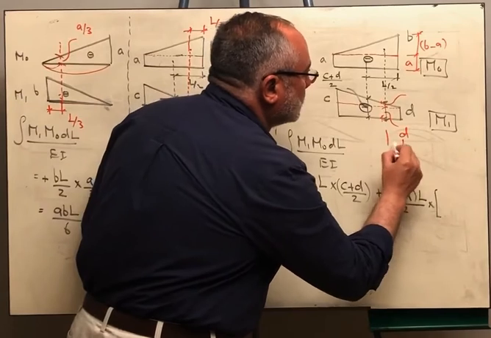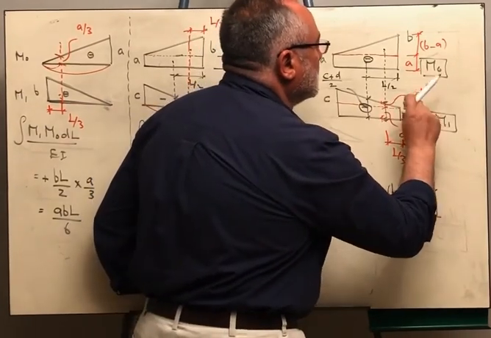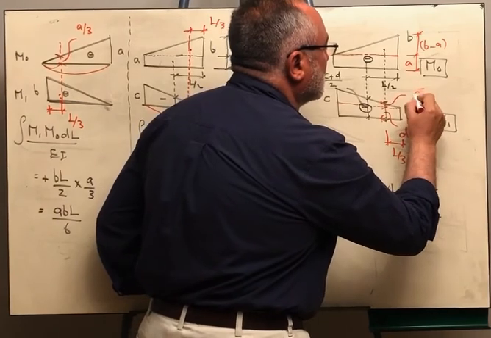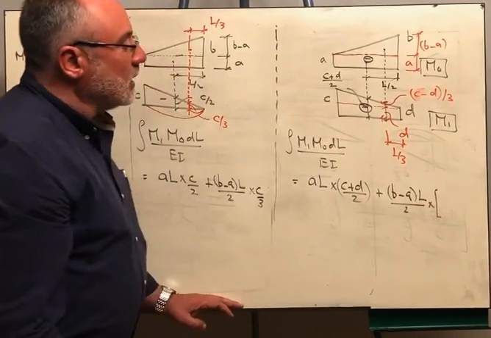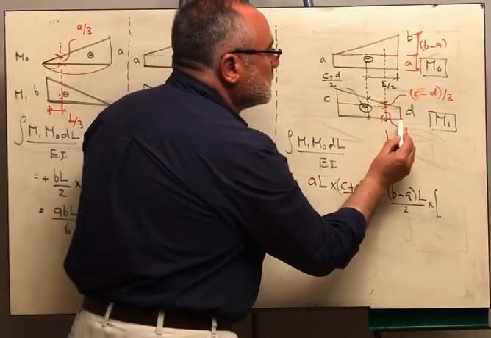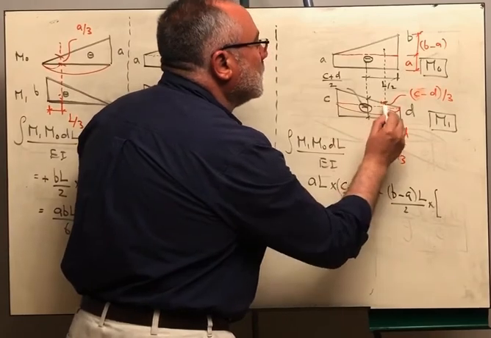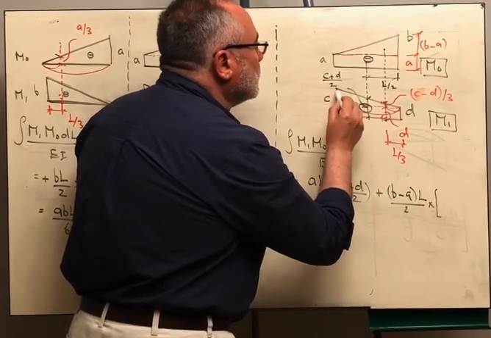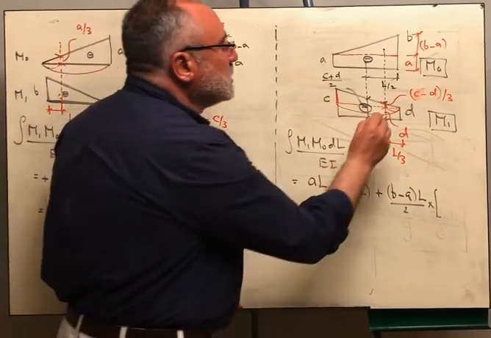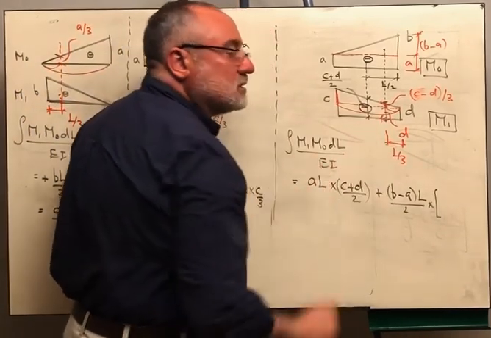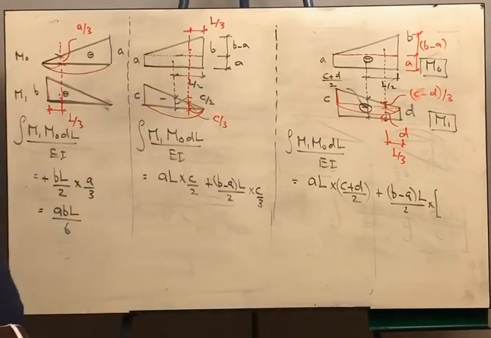Because this is L over 3, this should be C minus D over 3 from similarity. As long as this distance here is L over 3, so you know that L over 3 over L should be this value over this value, which is C minus D. Therefore, this ordinate will be D plus C minus D over 3.